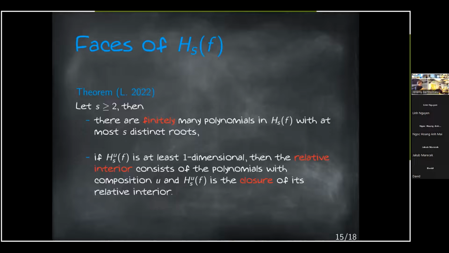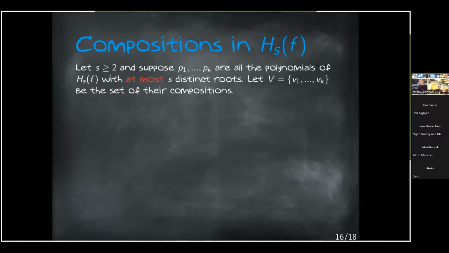So this perspective with the faces is going to lead us to a way to determine which compositions occur. Actually, that's a partial answer to your question. If you consider the case when you have a polytope, you can define it as the convex hull of its extremal points. So its faces are determined entirely by its extremal points.